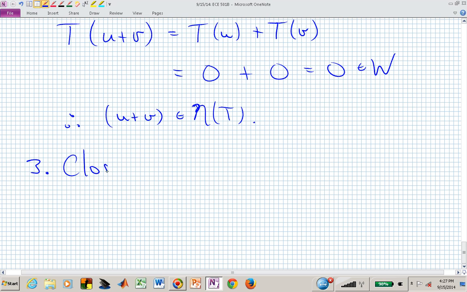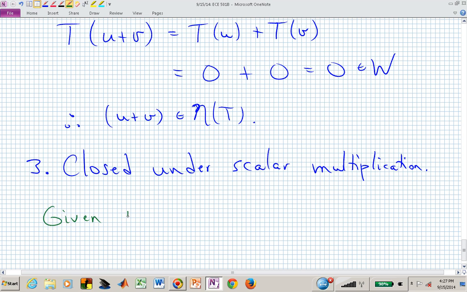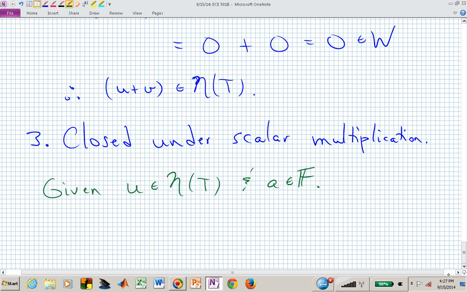Finally, the property of closed under scalar multiplication can be verified. Here we say, well, let's suppose that we're given some vector U that's in the null space of T, and we are given some scalar A in our field of numbers, F, which could be R or C, real or complex.